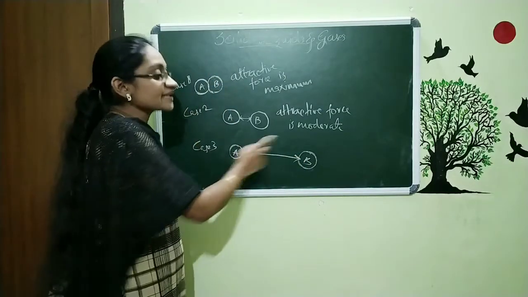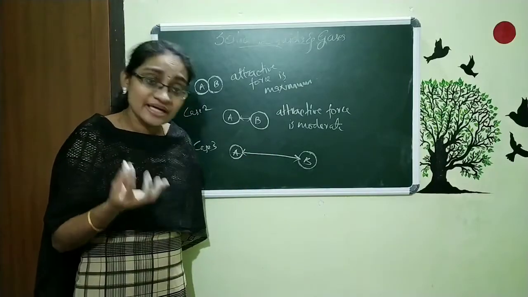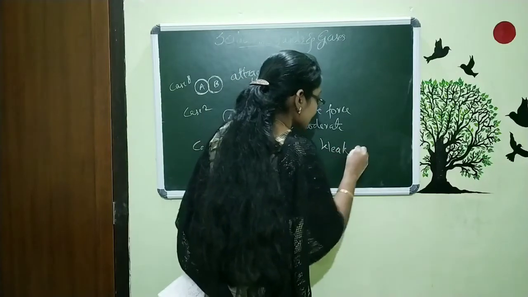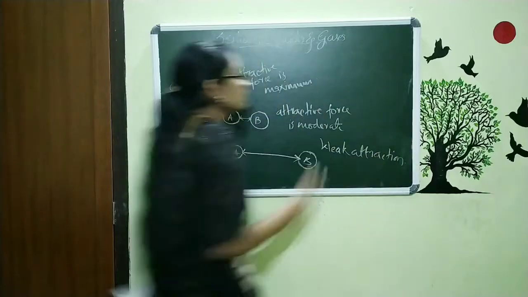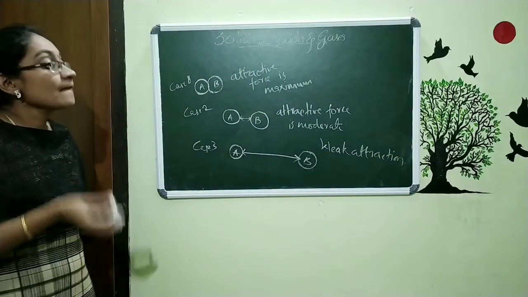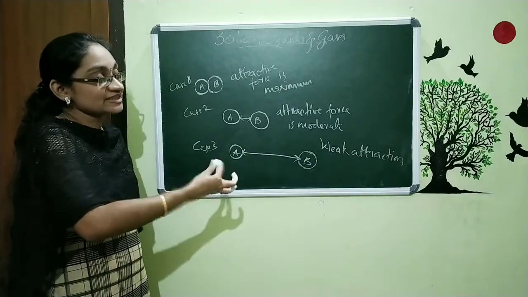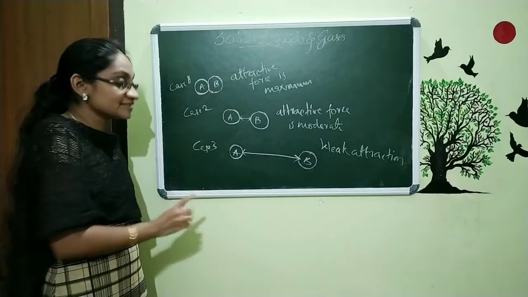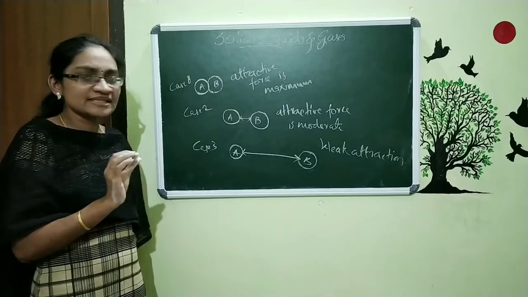Still, A attracts B and B attracts A, but the attraction is very weak. So we can say this is weak attraction. We can conclude this session as: when the distance between the molecules increases, the attractive force decreases.